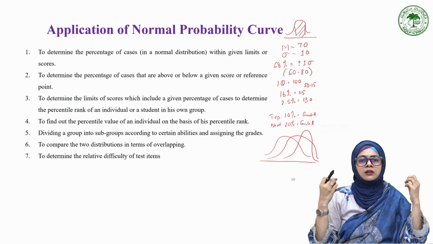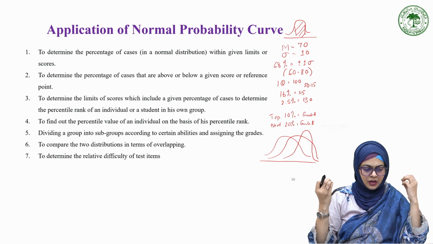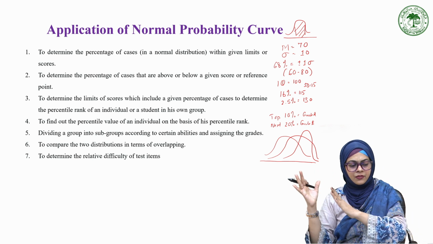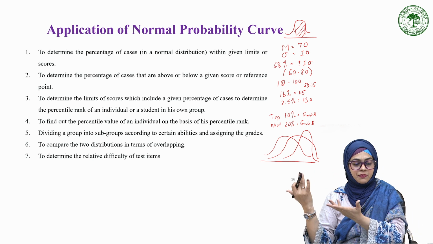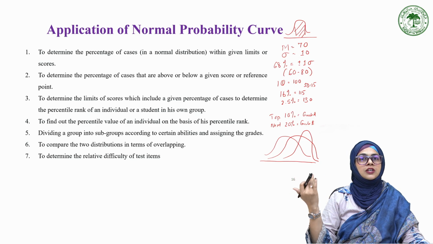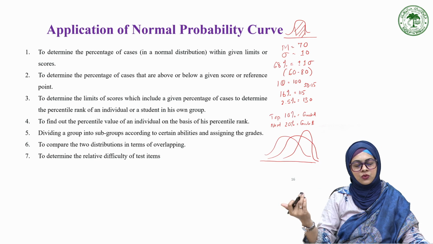Then to determine the relative difficulty of test items as well. If, just like I said, it is negatively skewed, that means the test might be too easy, right? Or the items might be too easy to score, that is why it is negatively skewed.